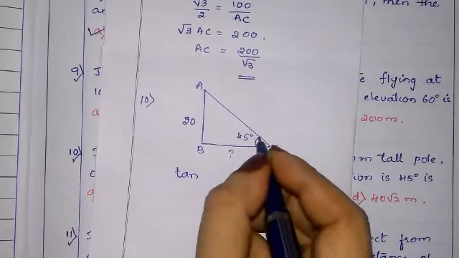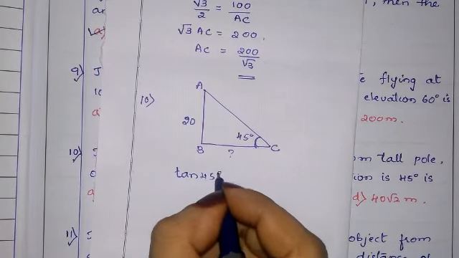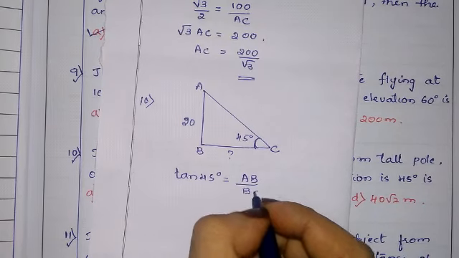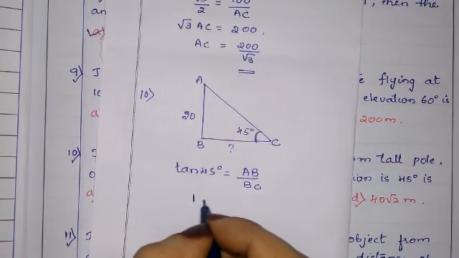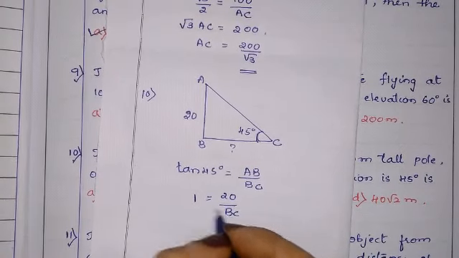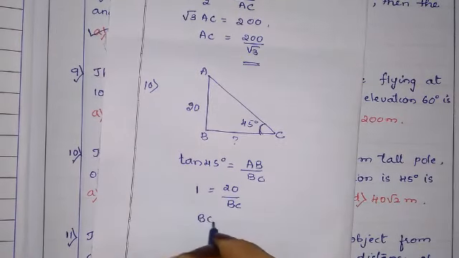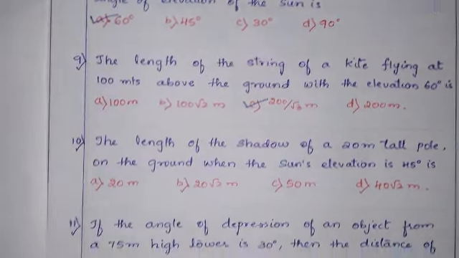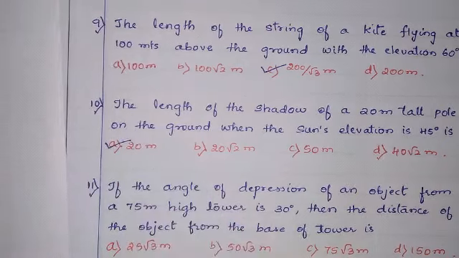Tan 45 degree is equal to AB upon BC. Tan 45 is nothing but 1. AB value is 20 upon BC. BC into 1 is BC. So the length of the shadow is also nothing but 20 meters. So option A is the correct option.